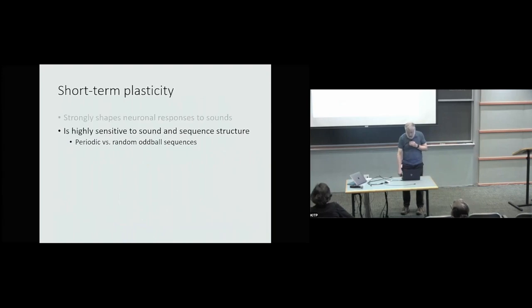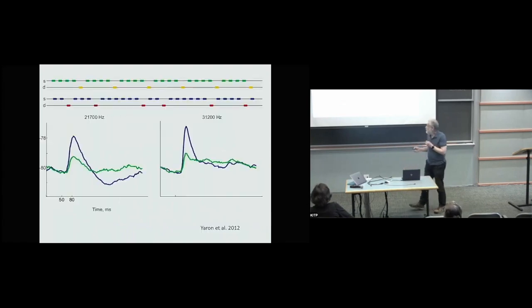Next, they are extremely sensitive to the structure of the sequences. For example, in this experiment, we play two-tone sequences, but in one condition, we organize the stimuli in a periodic pattern, and in the other one, they were random, with the same probability of the two tones.